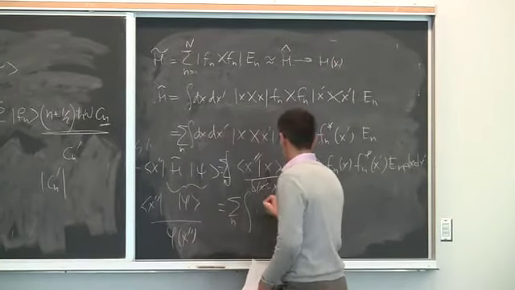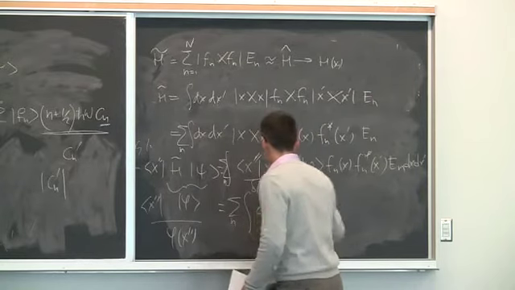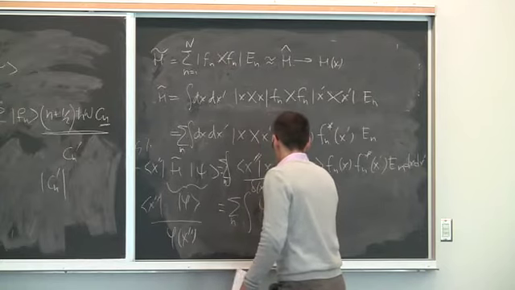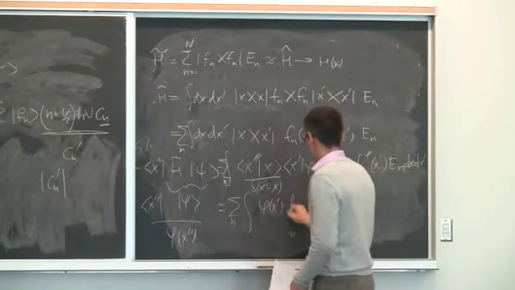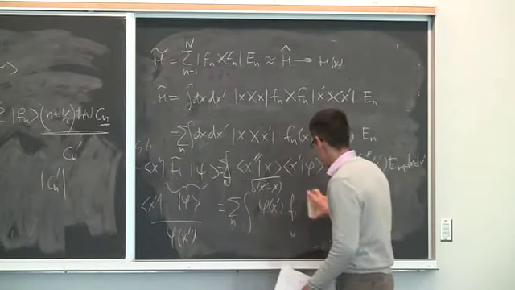So we are left with psi of x prime, and the n summation can just be put here.